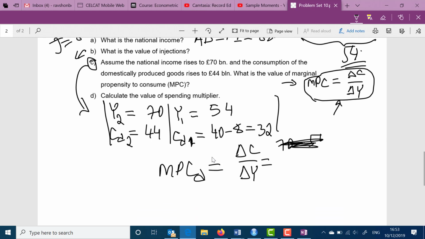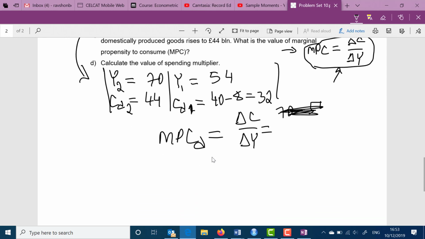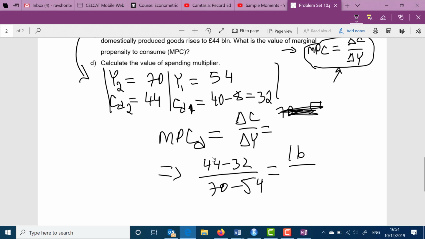So that's equal to 44 minus 32 over 70 minus 54, which is basically 12 over 16. Yeah, I was looking at the bottom, thinking I'm in the denominator. Right, so that gives us 3/4. So marginal propensity to consume is 3/4.